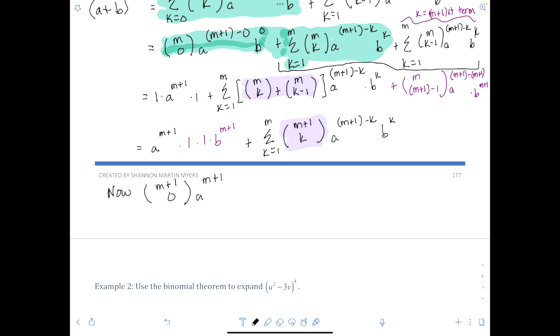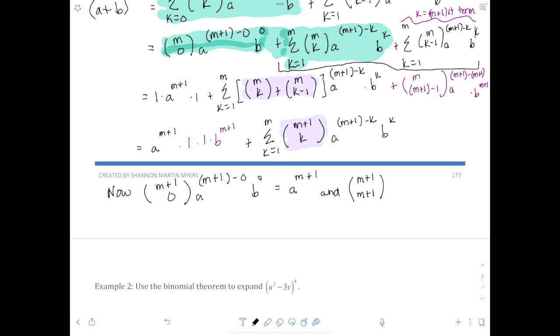So I'm letting k equal to 0 to see what we get. That's going to equal to what? 1 times a to the m plus 1 times 1. So I'll get a to the m plus 1 and m plus 1, choose m plus 1.